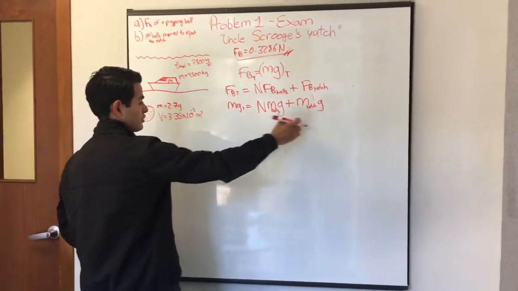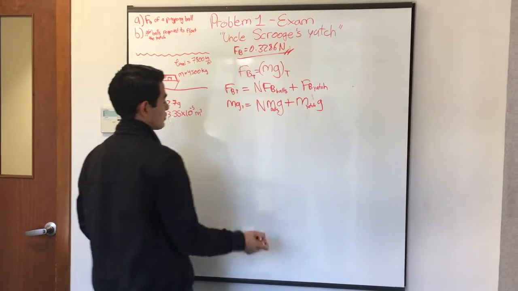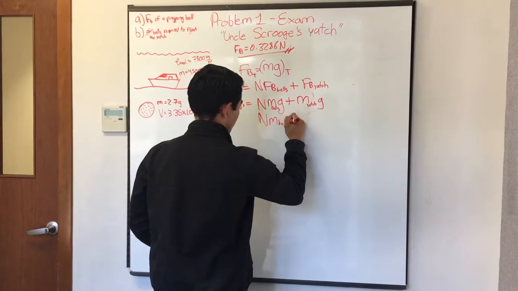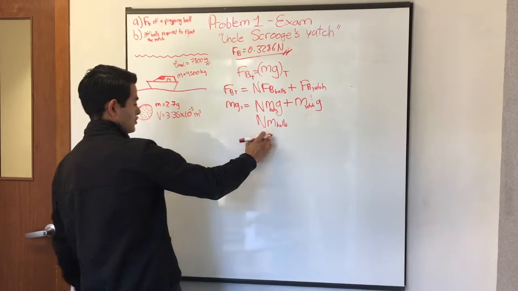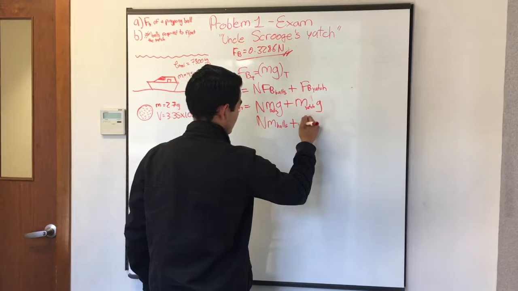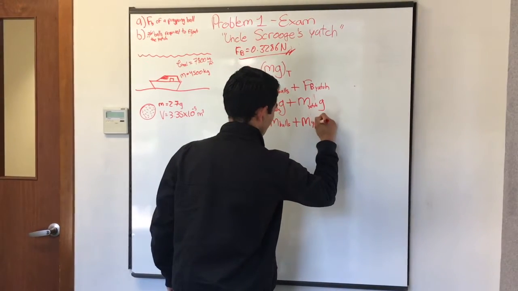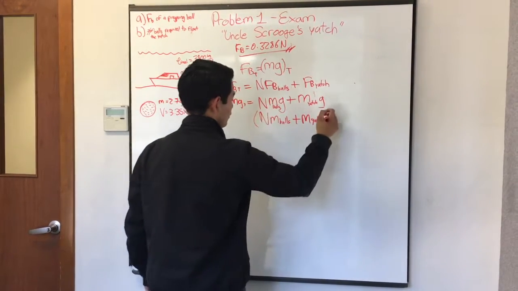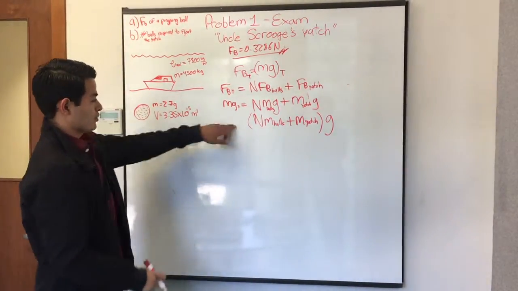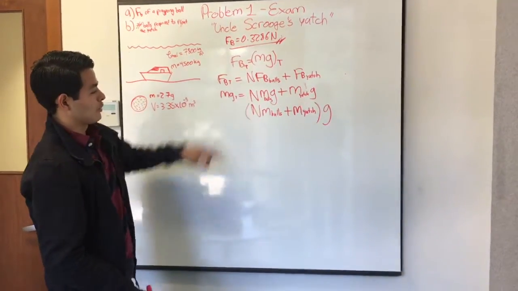We can take gravity out of this equation, so it will be the total number of balls times the mass of each ball plus the mass of the yacht, all this times the gravity. Now we just have to equalize our formulas.